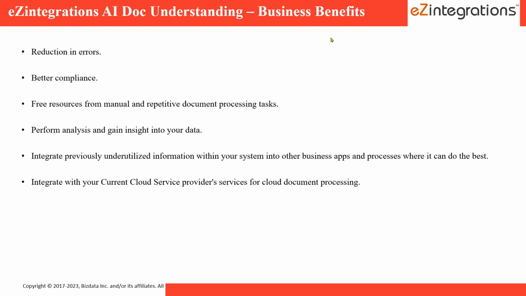If I want to onboard a supplier, I may want to get a supplier PDF file and then do a data entry into my ERP system, to create the supplier master. In the B2B world, you do the same thing when you go for a B2B customer, you go and create a customer manually. All of this information we can easily integrate between a PDF file and your ERP system once you have AI document understanding, and then you can gain a lot of insights out of this data set.